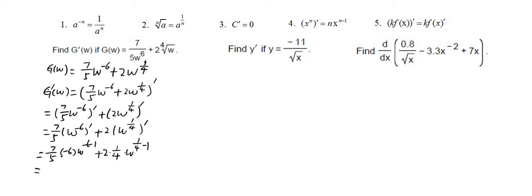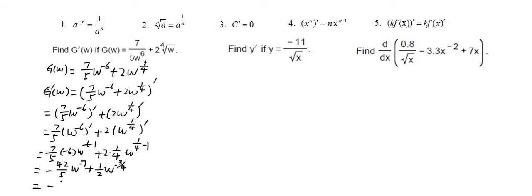Then we can simplify it. That will be negative 42 over 5 times W to the power negative 7. Here it cancels out, or we can have 1/2, to the power negative 3 over 4. We can tell that here we have a negative exponent, which means we can apply rule number 1 again.